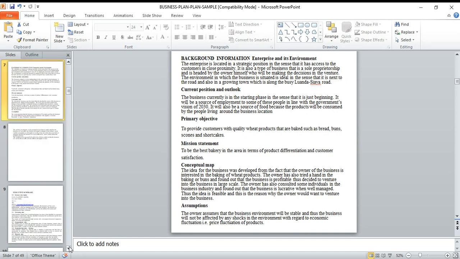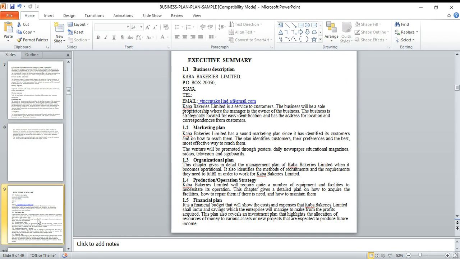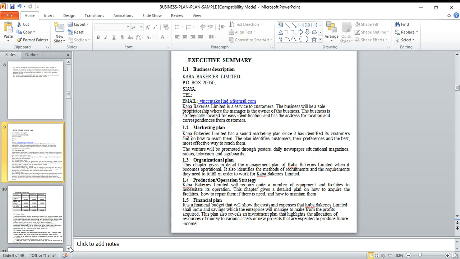So let's jump into chapter 1. I said that we have the executive summary, which will be the last part, after writing everything. You can see it summarizes all the components of the business plan, that's description, marketing plan, organization, production, and financial plan.